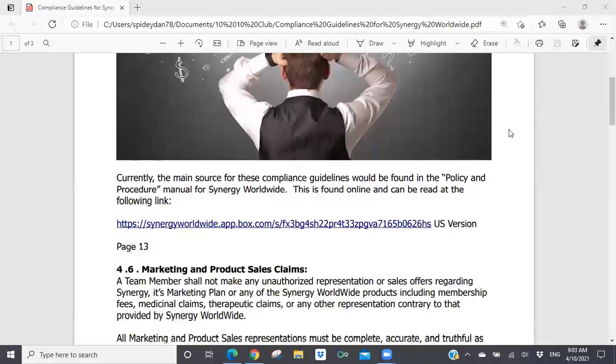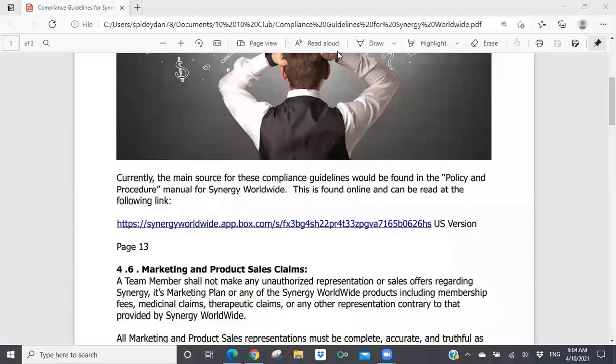As we go down through here, the main source where everything starts off is the policy and procedure manual for Synergy worldwide. This is a direct link to the US version, because every country that Synergy operates in has its own policy and procedures manual. Everyone on today's call, you're all working out of the US operation, whether you're in Barbados, like Timothy and Donald are, you work under the US version of Synergy worldwide.